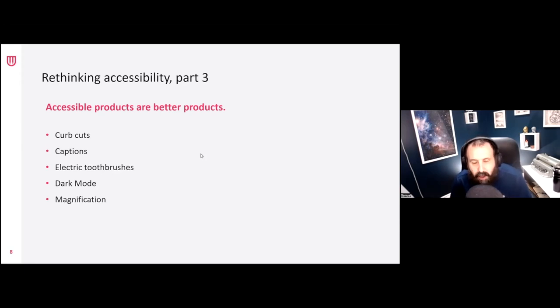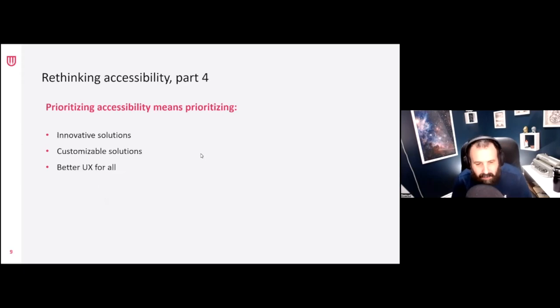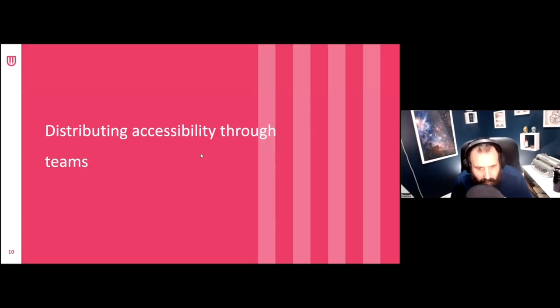Or things like dark mode that make it possible for those who have light sensitivity to use products without encumbering eye strain, but that are something that all of us have come to love and depend on to use our phones and our screens in more adaptive ways that are better for all of us. And so prioritizing accessibility means prioritizing innovative solutions, customizable solutions, better UX for all.